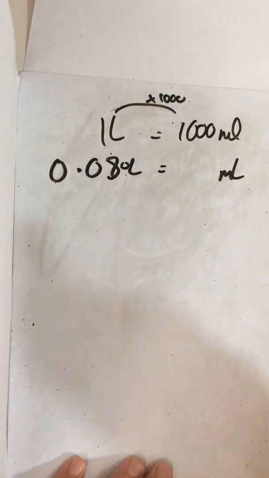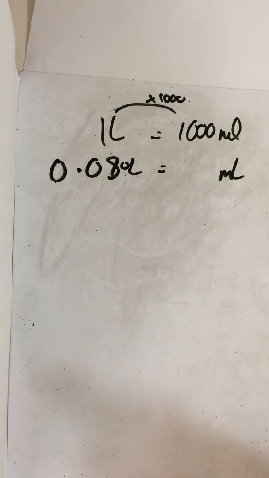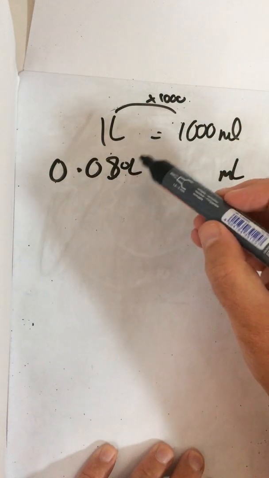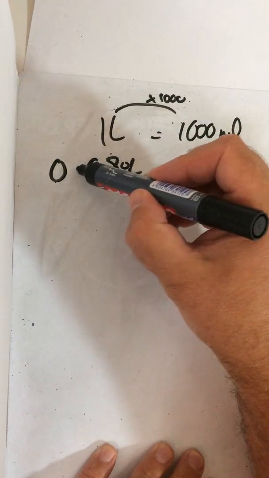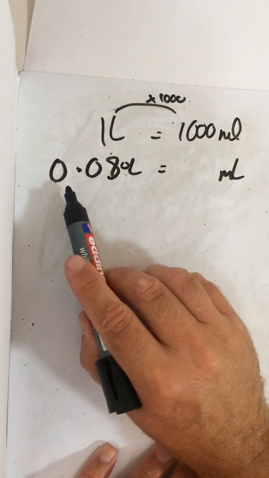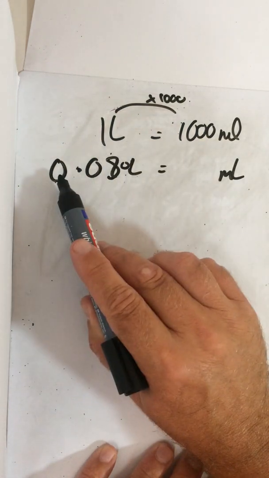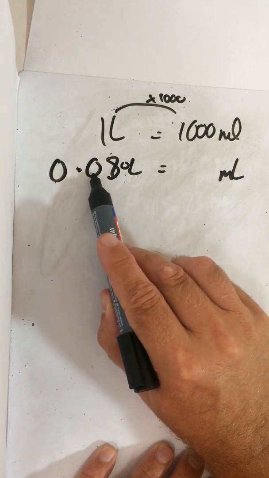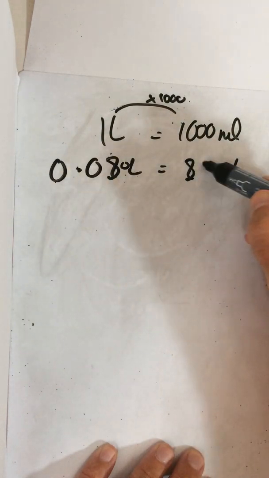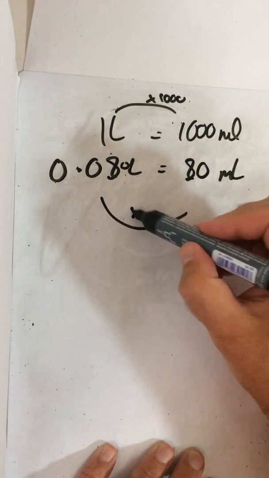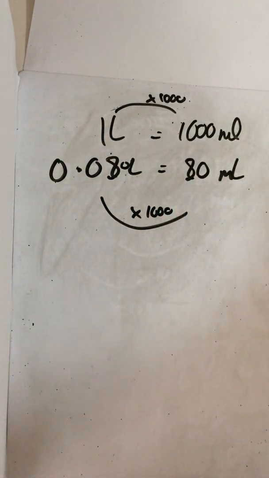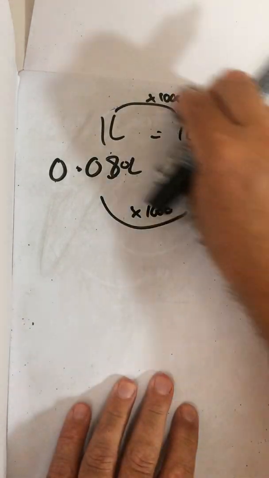Okay, you would have been taught this, I think, certainly in year 6, and probably before that. So you move the decimal point, depending on how you do it, 1, 2, 3 places to the right. Or the other way of thinking is 1 litre is 1,000, so this number here would be the hundreds, the tens, and the units. Either way, if we times that by 1,000, we get 80 milliliters.